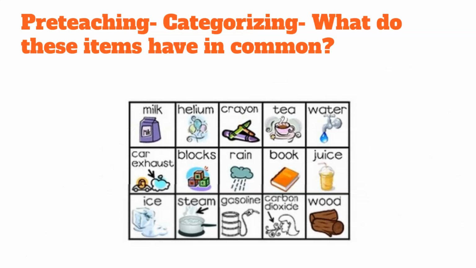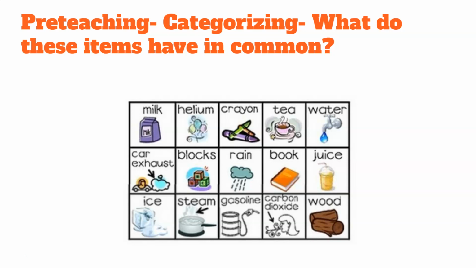Another pre-teaching strategy is categorizing. So this is just pictures that students could cut out, but it could be objects. And you would give the students the objects or give the students the pictures and let them sort it the way that makes sense to them. And then you would ask the students about their thinking.